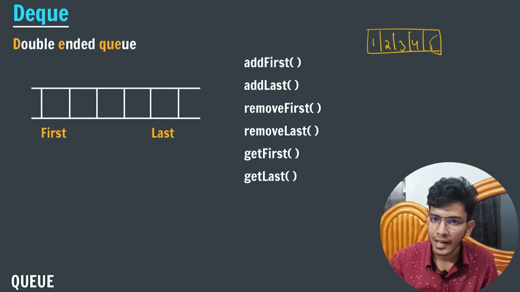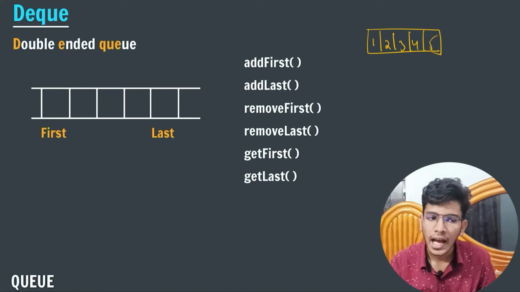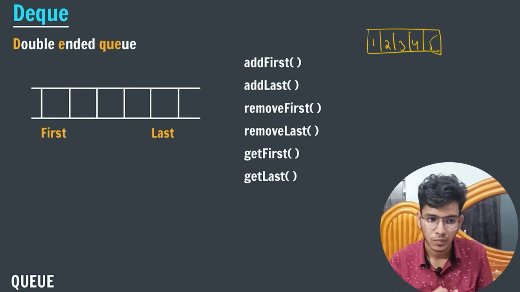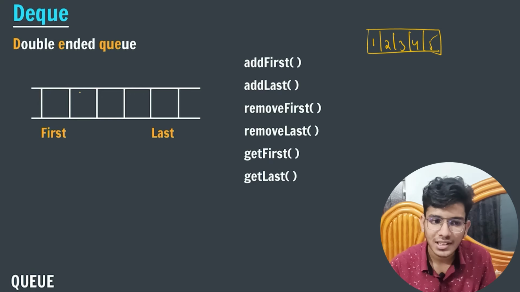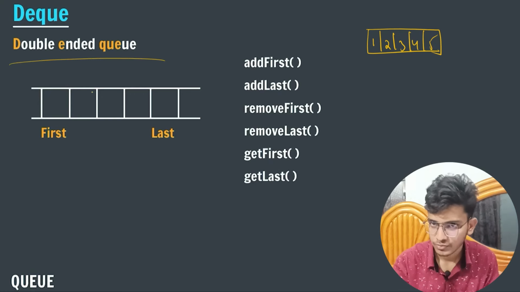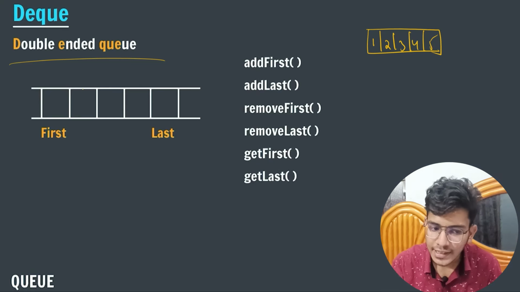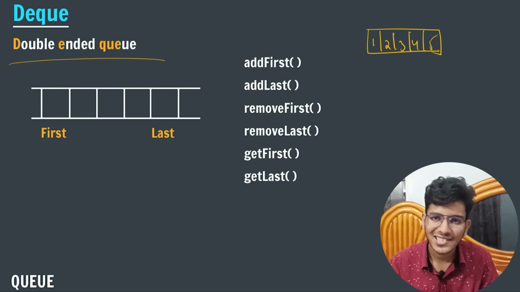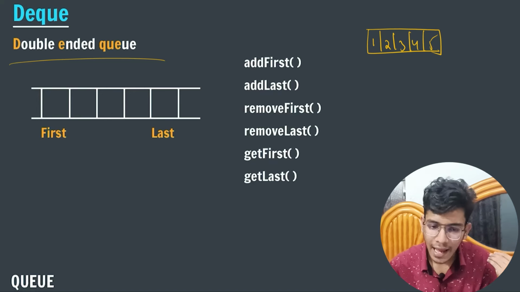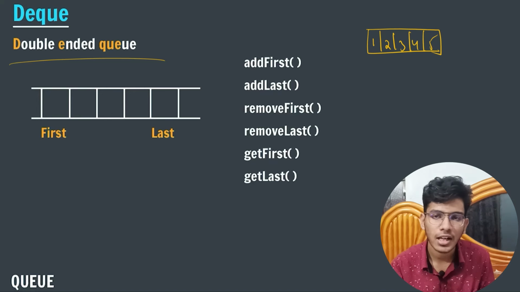Now in Java we have an enhanced version of queue which is known as Deque. Now what is Deque? Deque is nothing but a double-ended queue, and in a double-ended queue we are removing the restriction. We can add as we want, we can delete elements as we want.